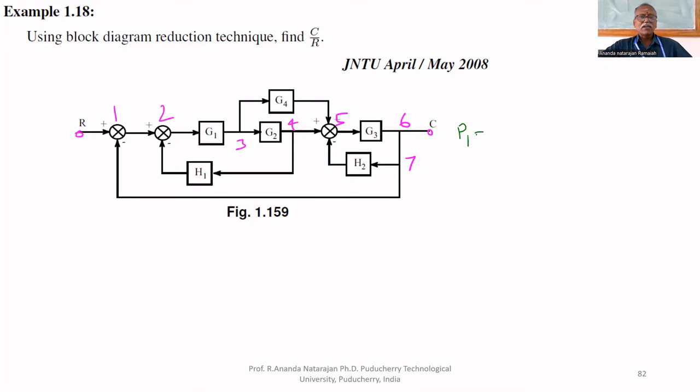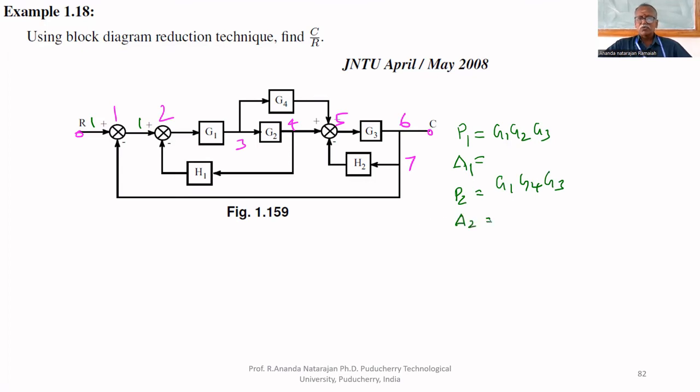Therefore, P1 equal to, this is gain 1, that's why ignore, G1, G2, G3. Then P2, this is another forward path, G4. That is G1, G4, G3. That is another forward path.